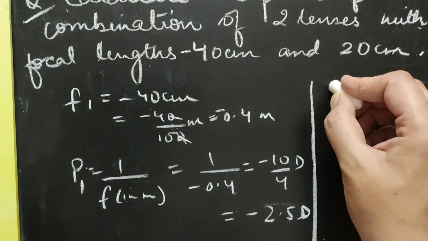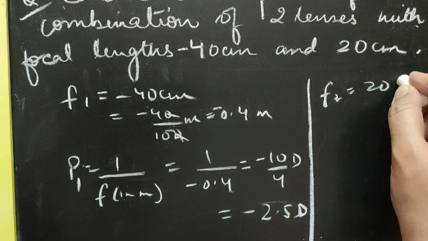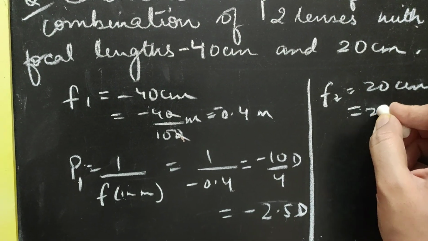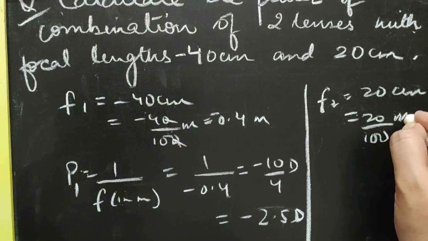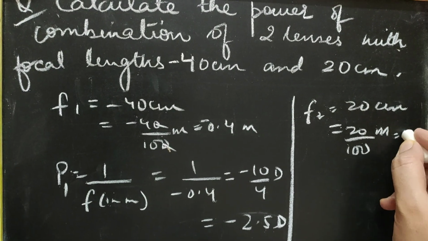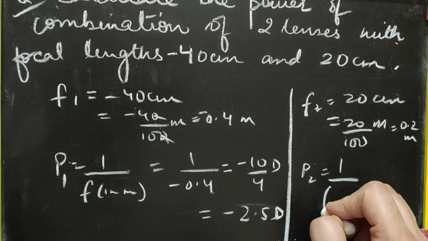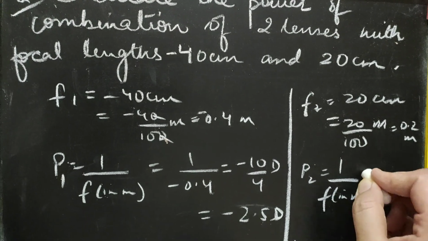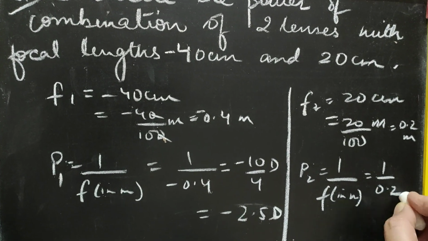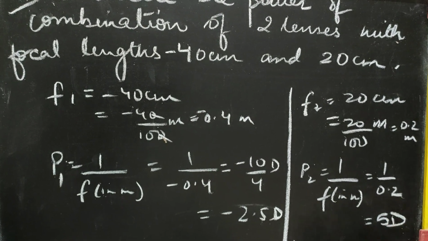Similar steps for calculating the power of the second lens, which has focal length 20 centimeter, which can be written as 20 by 100 meters, which would be 0.2 meters. So power would be 1 upon focal length in meters or 1 upon 0.2 or simply 5 diopters.